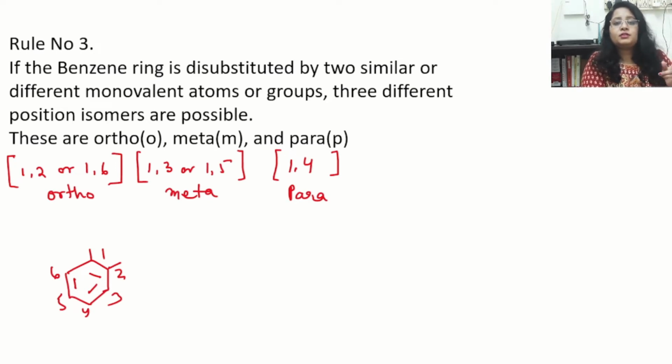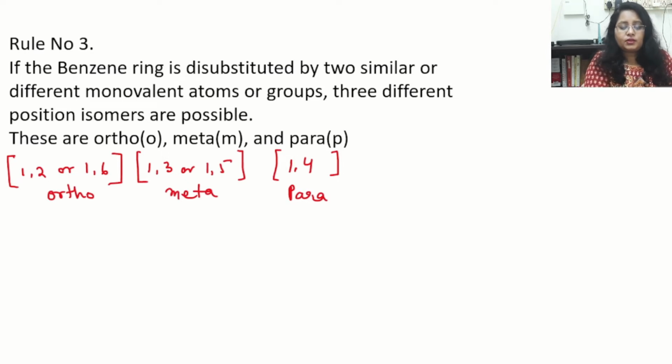So 1, 2 and 1, 6 both are equivalent in the benzene ring. So we will make it 1, 2 or 1, 6. Now, first I will write the examples, then I will write the names.